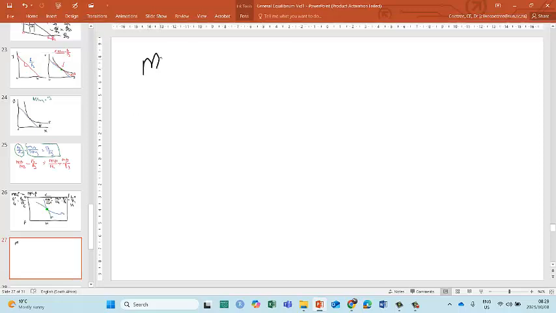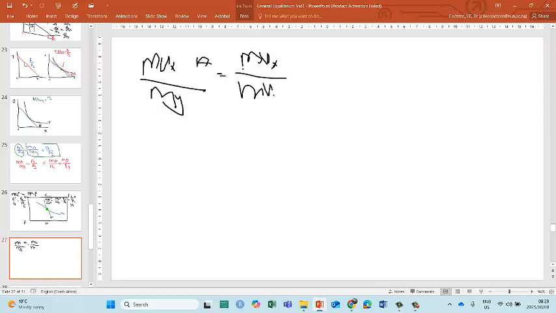So the marginal utility of x over the marginal utility of y for person A is equal to the marginal utility of x over the marginal utility of y for person B. So these pens are terrible.